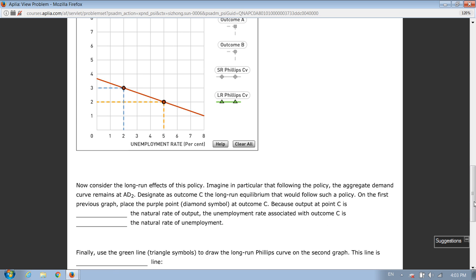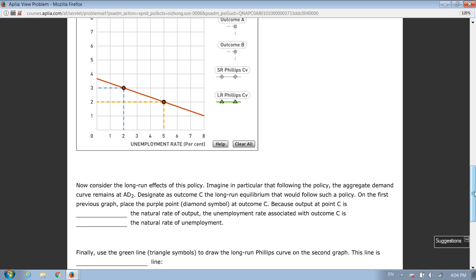Now consider the long-run effect of this policy. Imagine, in particular, that following the policy, the aggregate demand curve remains at AD2. Designate as outcome C the long-run equilibrium that would follow such a policy. On the previous graph, place the purple point.